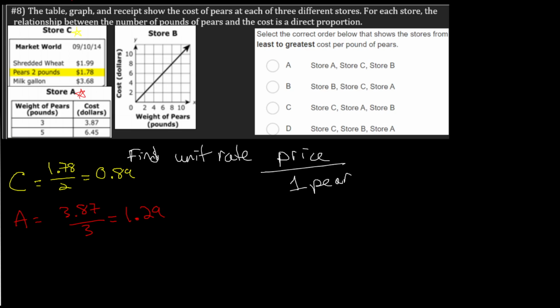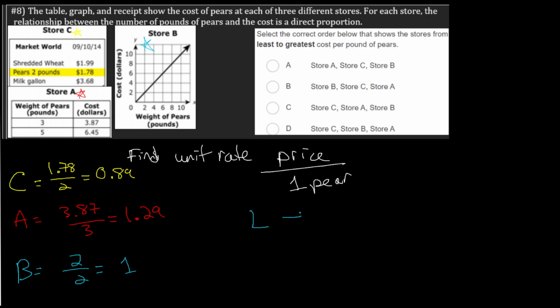And then lastly, let's do blue, store B, which is actually going to be for every $2, I get 2 pounds, which is equal to 1. So the slope, or the unit price, rate of change, each of those words are the same thing, is going to be 1.